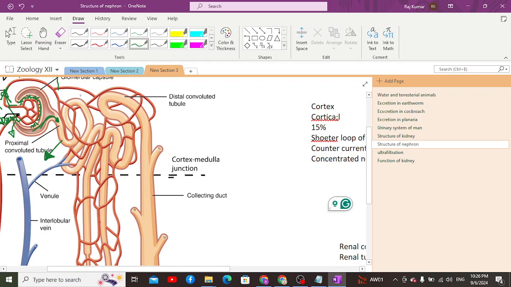These capillaries which surround the PCT are known as peritubular capillaries. We are going to discuss that as well.